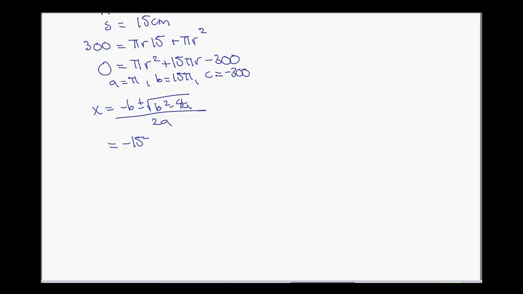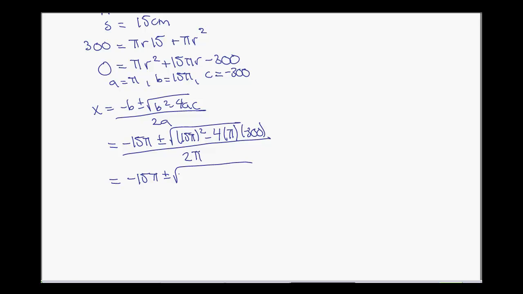We get negative 15 pi plus or minus the square root of 15 pi squared minus 4 times pi times negative 300, all divided by 2 pi. That simplifies to negative 15 pi plus or minus the square root of 225 pi squared plus 1200 pi, all over 2 pi.